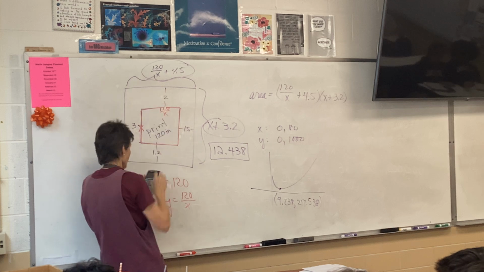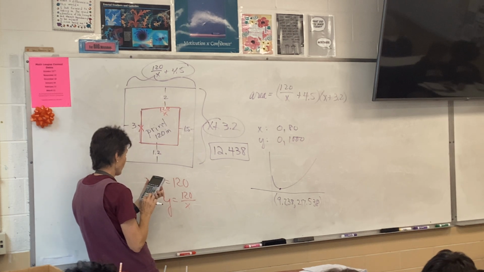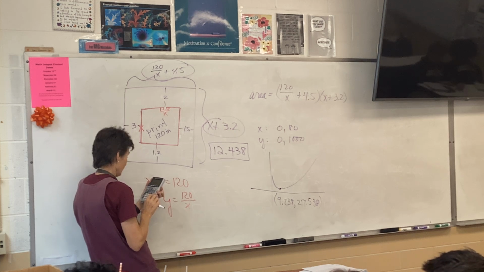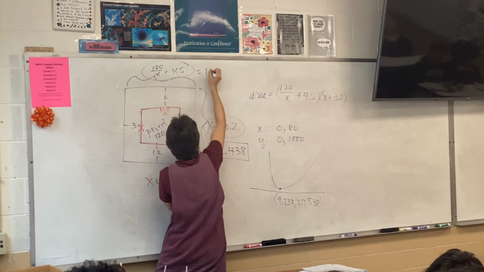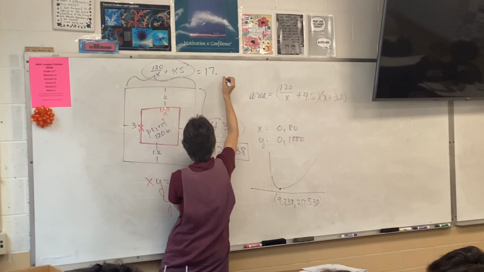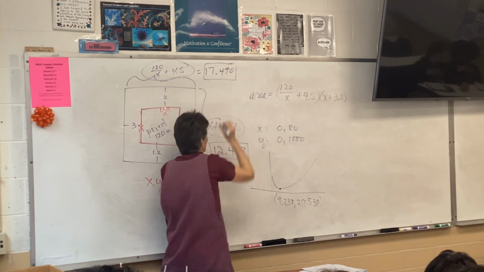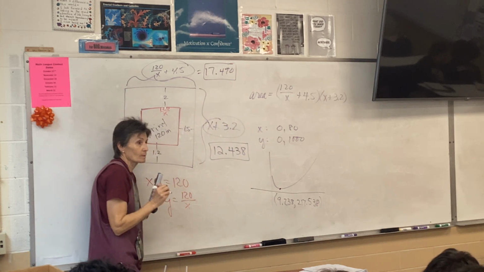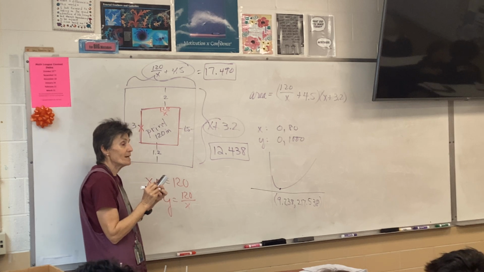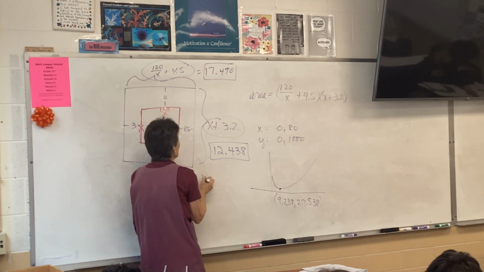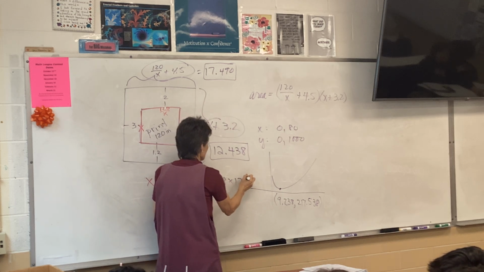And then the other one will be 120 divided by 9.238 plus 4.5. So that one is 17.490. So the dimensions of the paper would be 12.438 by 17.490.